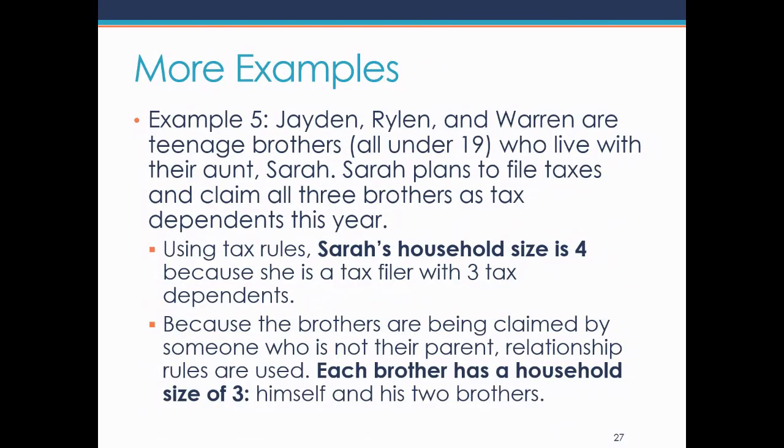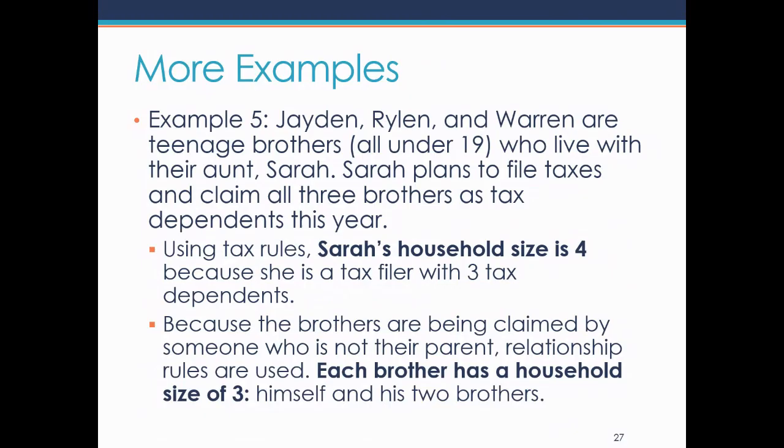Now let's use any one of the brothers as the target, starting from the top of our handout. Is he expecting to file taxes? No. So we'll go to step 3. Is anyone else claiming him as a tax dependent? Yes. Is the tax filer his parent or spouse? No, it's his aunt. So we'll go to step 4, which is relationship rules, and include, if they're living in the home, the brother's spouse and children.